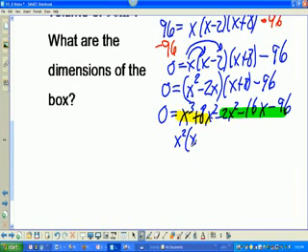If I take out an x squared, I'll have x plus 8. Over here in these last terms, I notice negative 2 goes in all of them. So I'll factor out a negative 2, and I'll have x squared plus 8x plus 48.